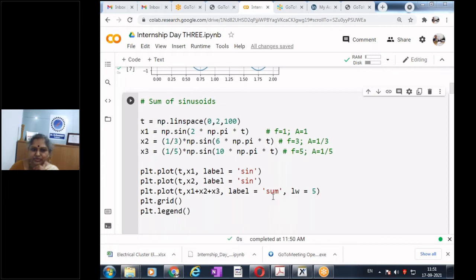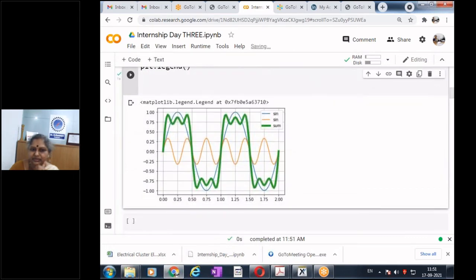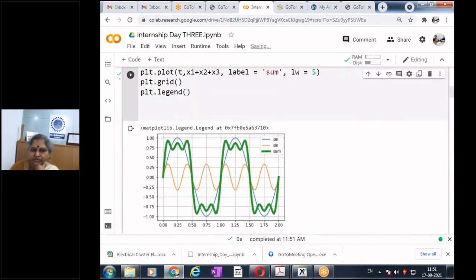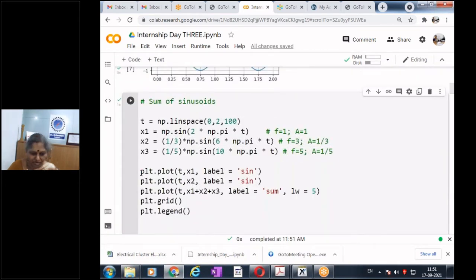What are you getting? x1 plus x2 plus x3 I plot. What do I get? How is the result? And let us say I don't plot x1. I don't plot x2. I simply plot x1 plus x2 plus x3. Let me run it.